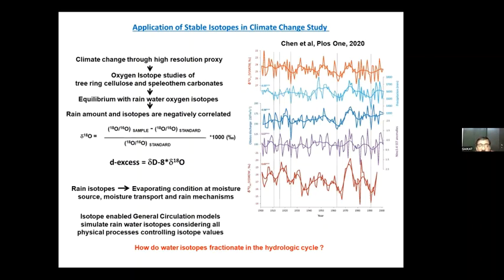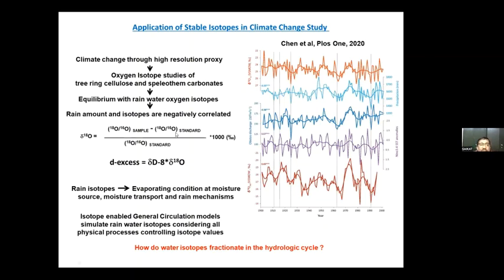So if we know the relation between the climatic parameters and water isotopes of that area, we can use these relations to understand the connections between the isotope values of those proxies and the climatic parameters of that period. That is actually the principle of the reconstructions. In that way, water isotope studies are very much useful.